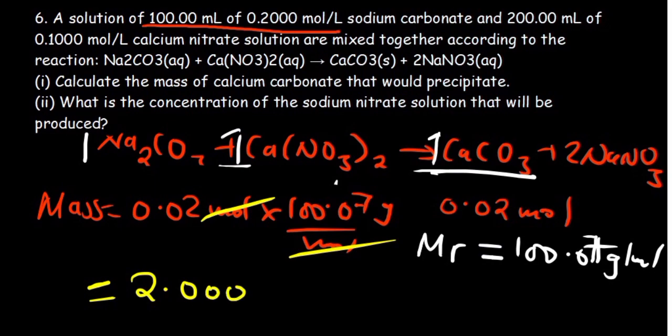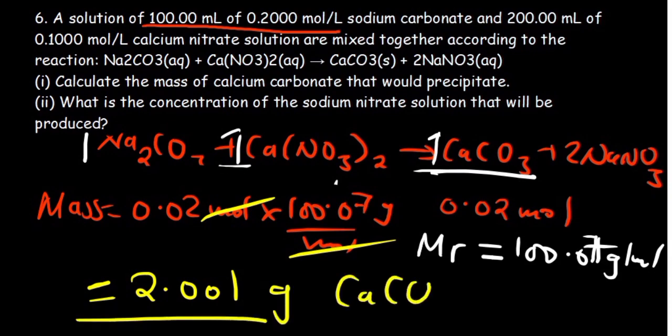Look at the given information in the question, which has the least number of significant figures. So we can consider 2.001 grams. That's the mass of calcium carbonate that would precipitate.